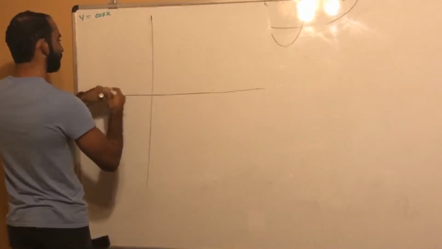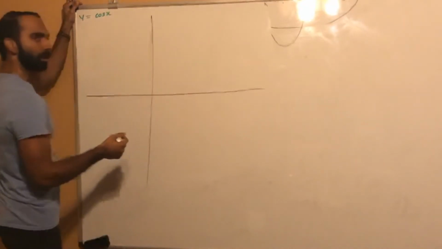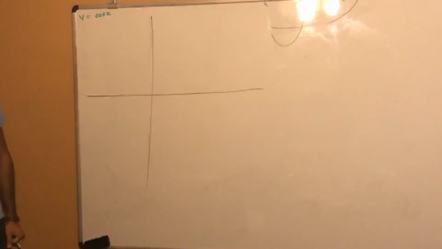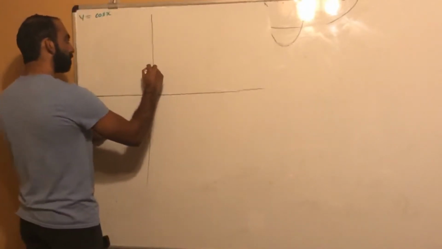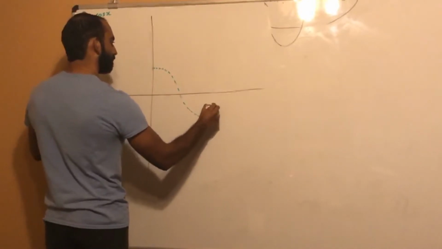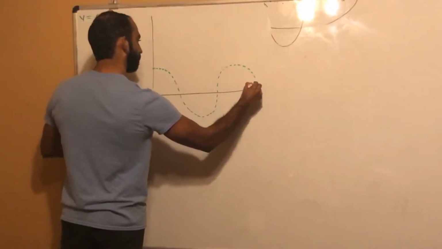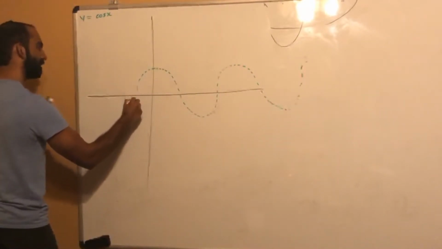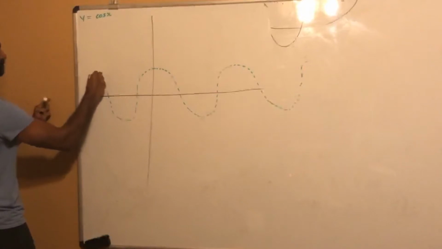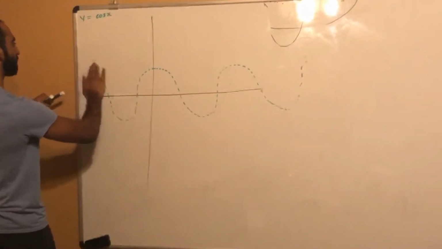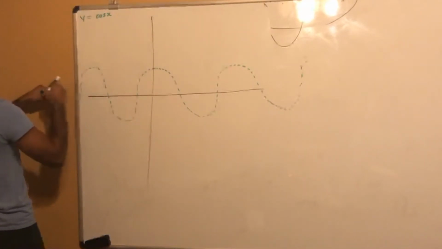What does the graph of cosine look like? Same as sine, but it starts at 0, 1. It's just shifted over pi over 2 radians or 90 degrees. So like so, to the right and same deal to the left.